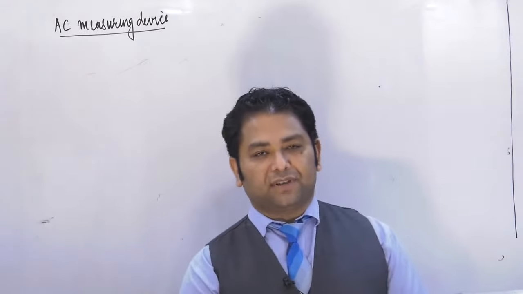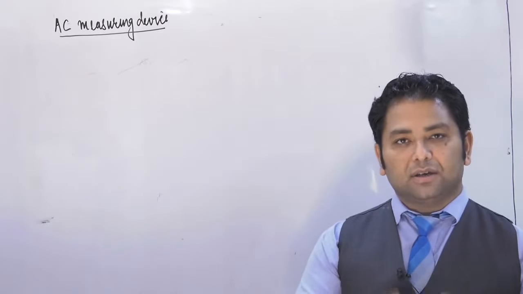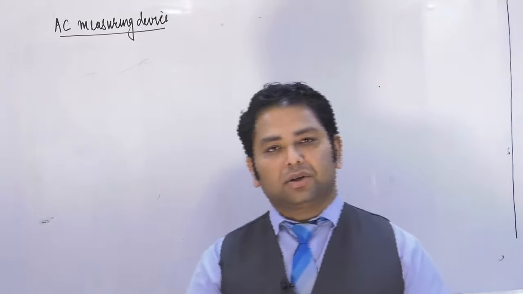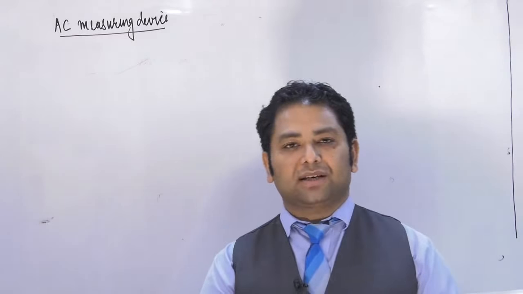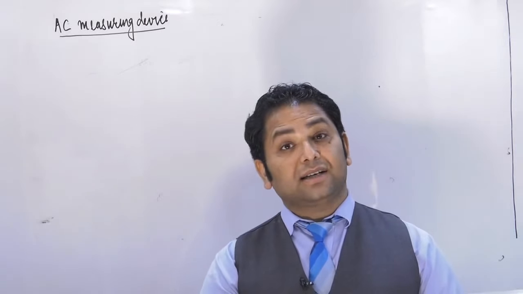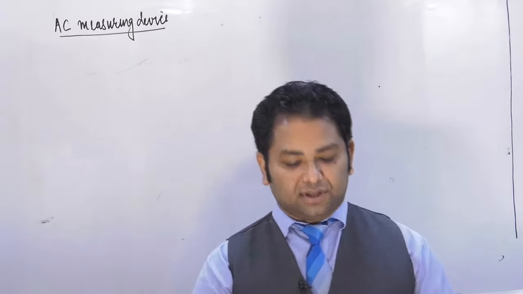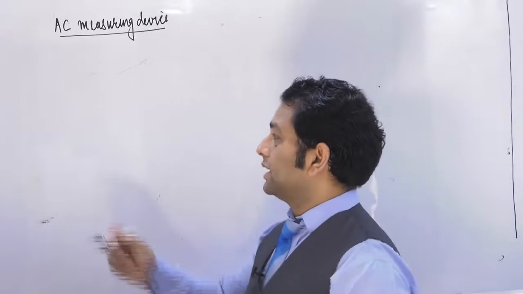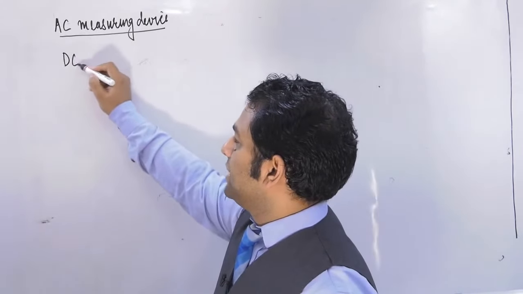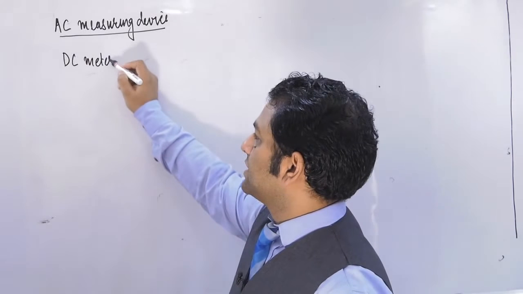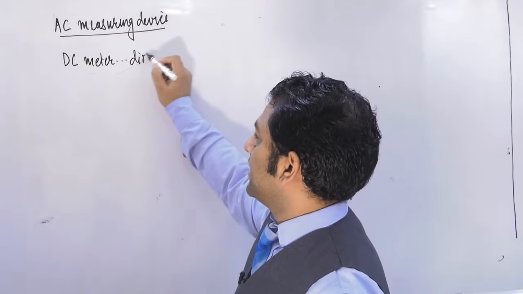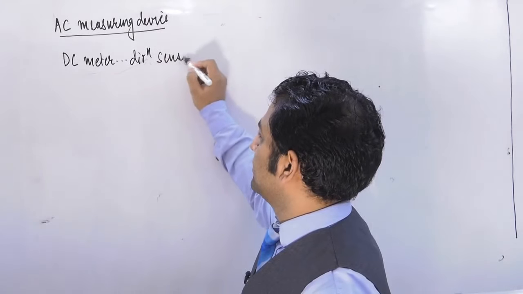The reason is very obvious, because the regular moving coil galvanometer or the regular DC voltmeter and ammeter are direction sensitive. So you should remember one thing: DC meters are direction sensitive.